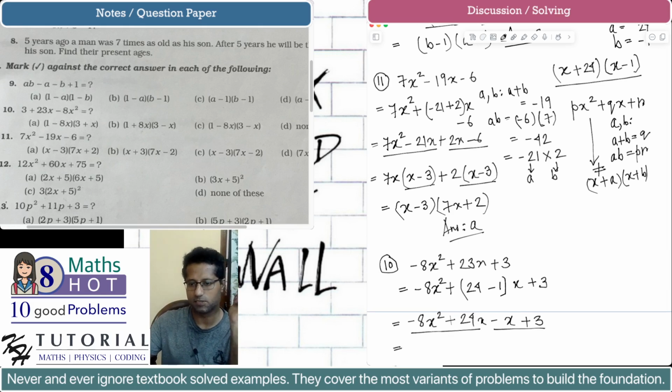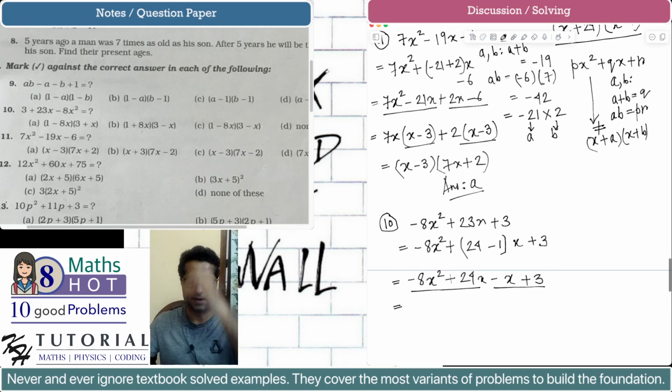From the first group we can see that we can take 8x as common factor. So if you take 8x as common factor, we get 8x multiplied by minus x plus 3, and the second group can be written as minus, negative of x minus 3.